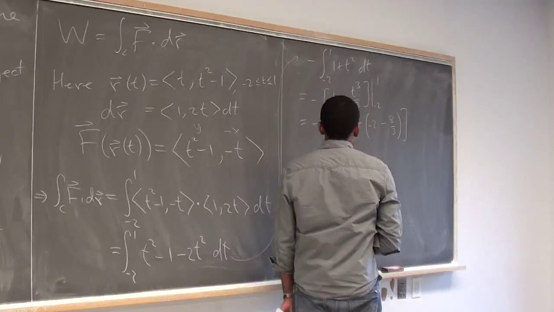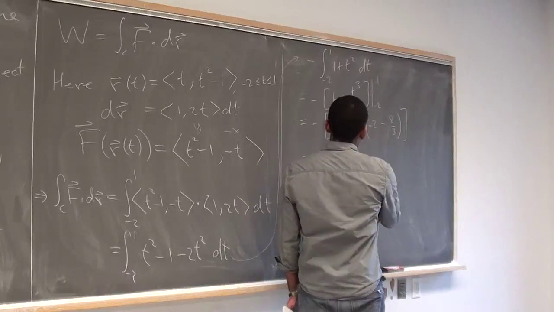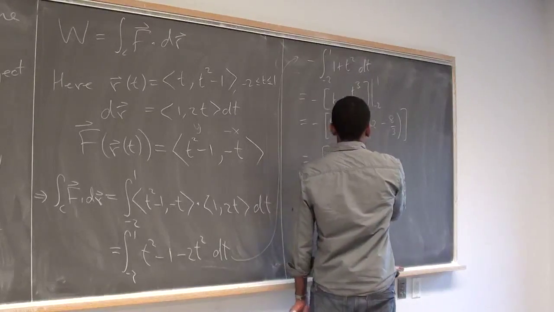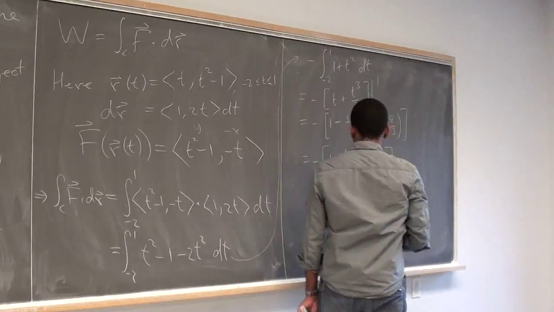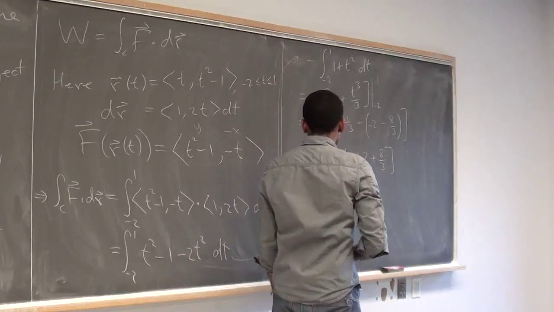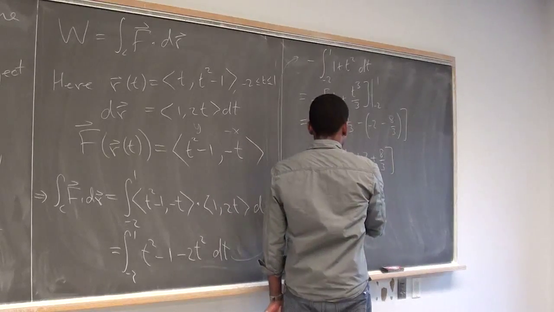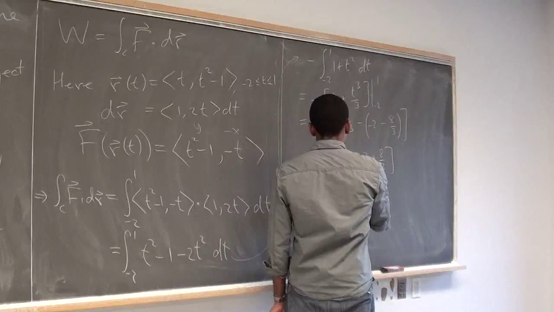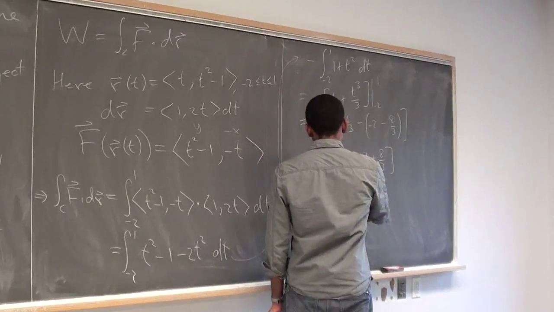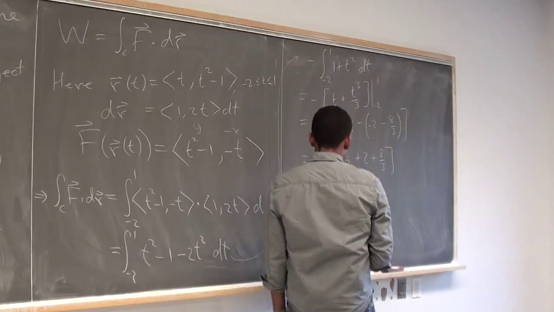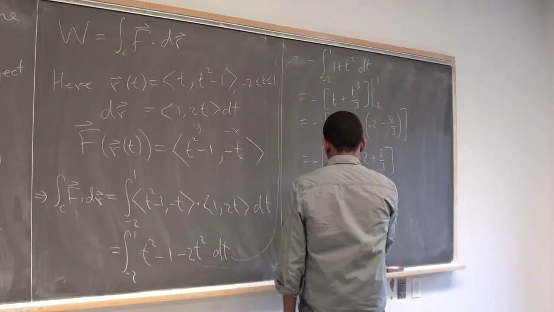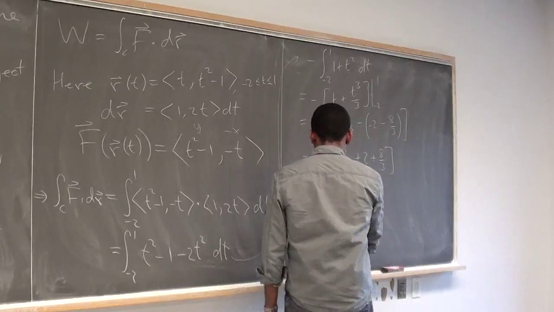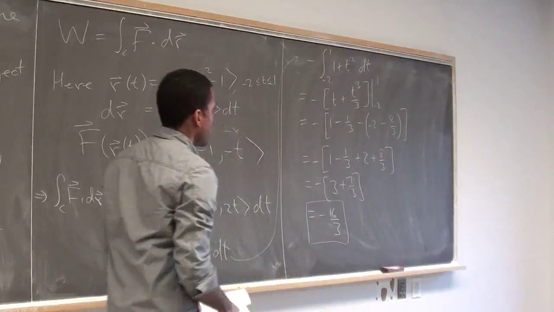So 1 minus a third, well, this is 1 minus a third plus 2. So this is 3 plus 7 over 3, which is... is that right?